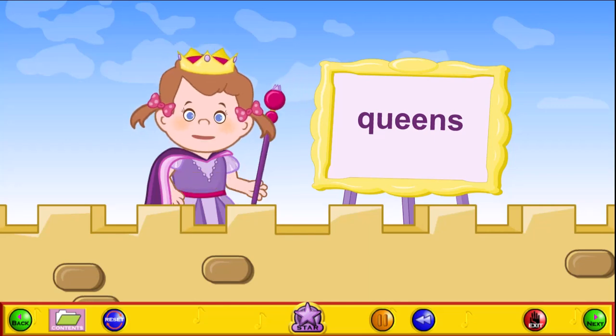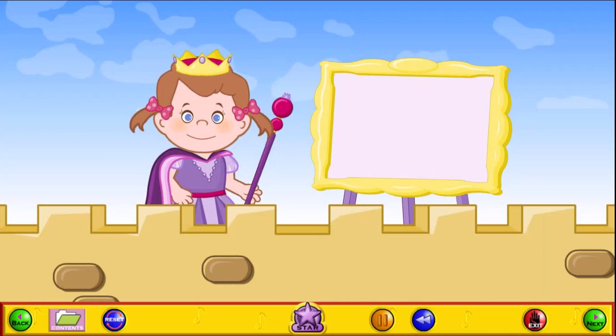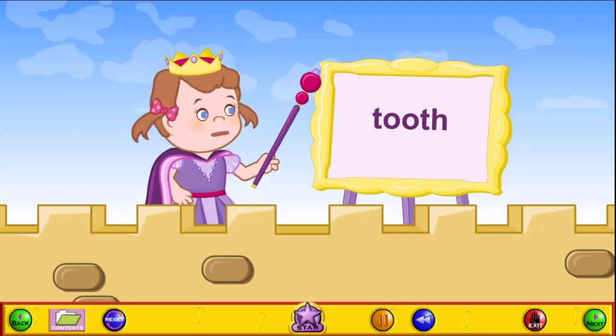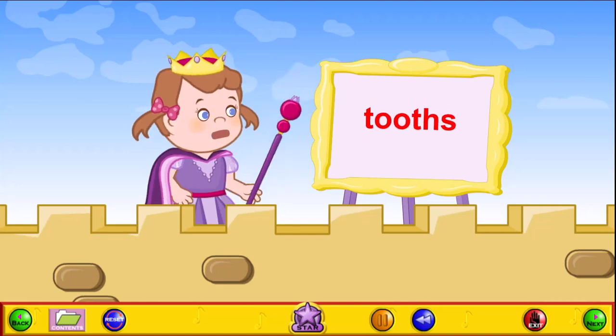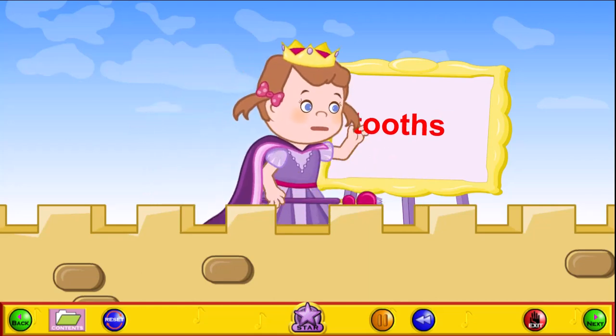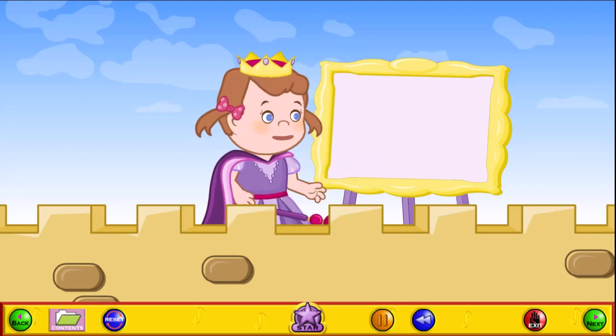Does someone have another word we can try? How about the word tooth? Wonderful. Here is the word tooth. Now, just add an S and we have tooths? Tooths isn't a word. We'll just throw this one out because it doesn't work.